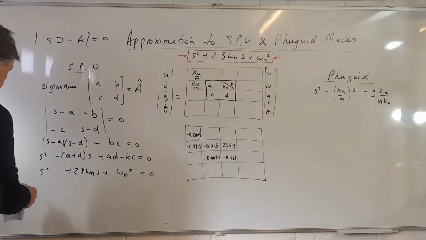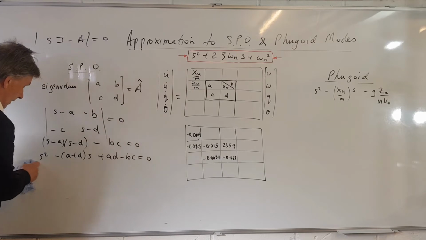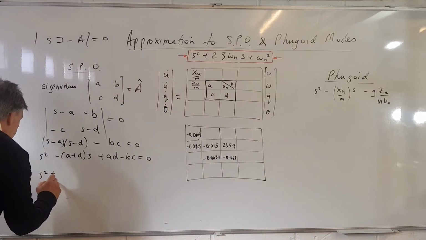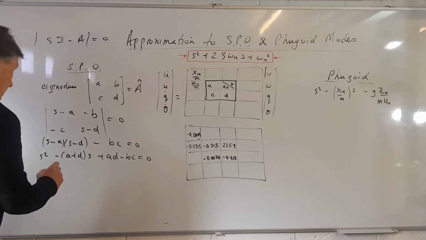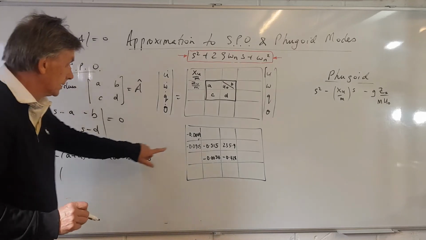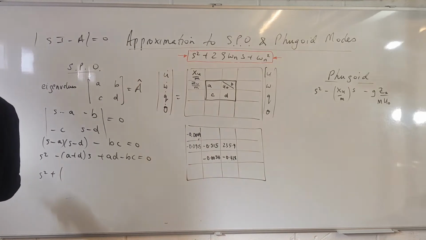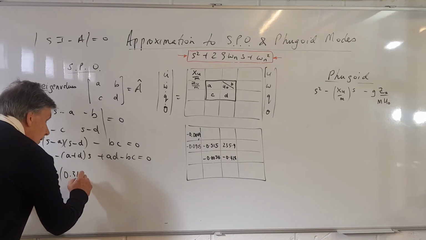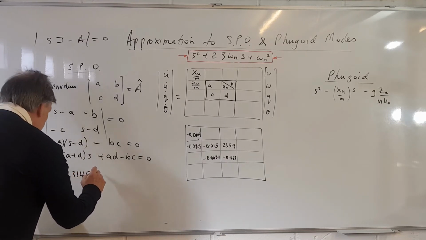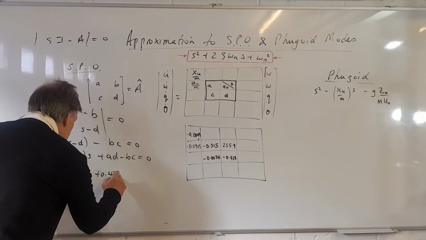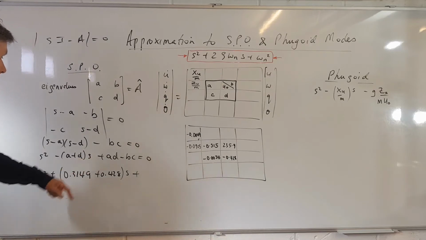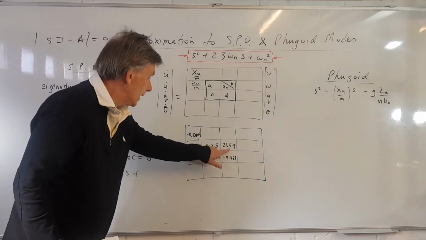I'll just briefly rub this out and put in the numbers. It's going to be s squared plus, because the minus sign here takes care of these minuses, 0.3149 plus 0.428 times s, plus AD, so that's that times that minus that times that.